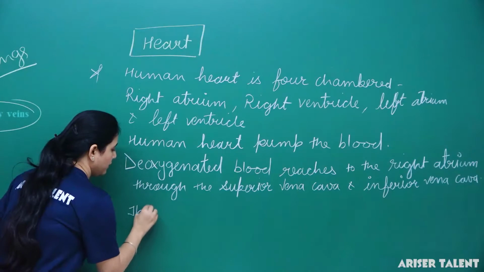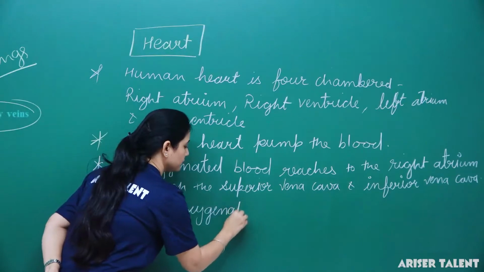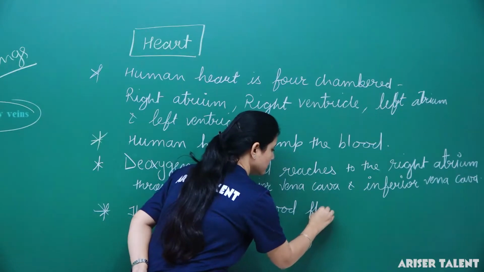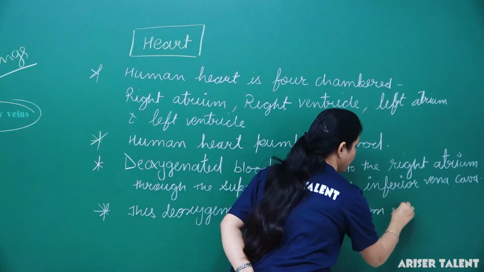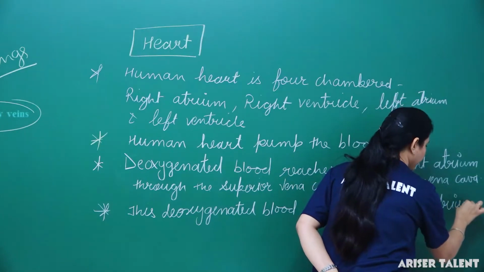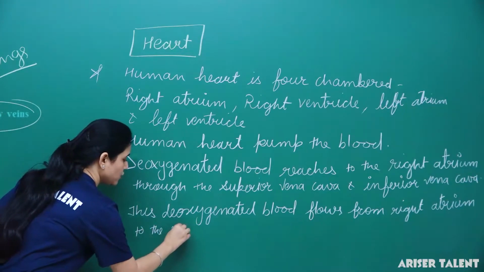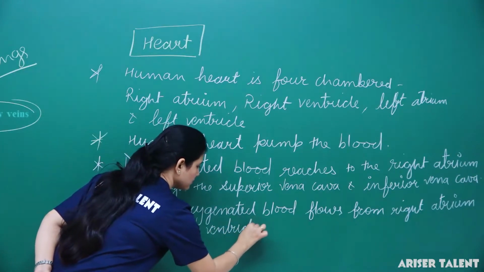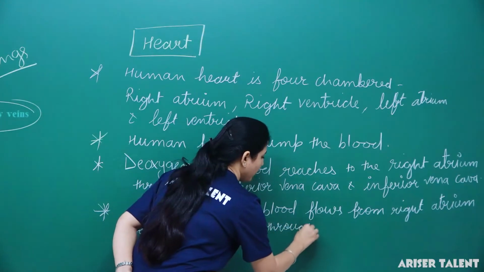This deoxygenated blood flows from the right atrium to the right ventricle through the tricuspid valve.